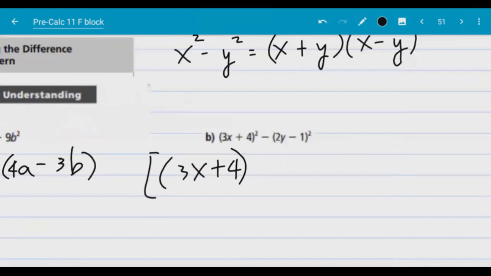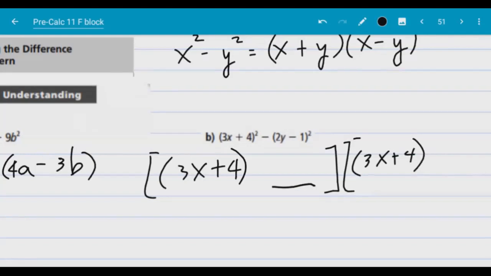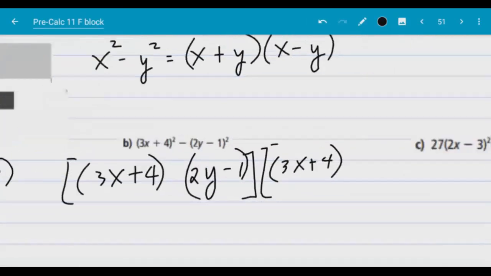Now, if you're thinking, why did he put a space and another brace? Because we're going to be doing something here. I have a 3x plus 4 again. The second term here would be the square root of this one, which is just 2y minus 1. All right? 2y minus 1.